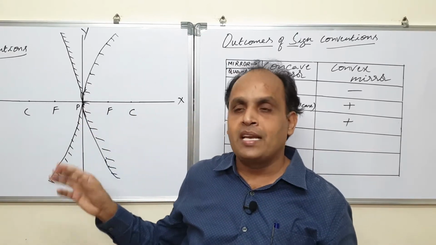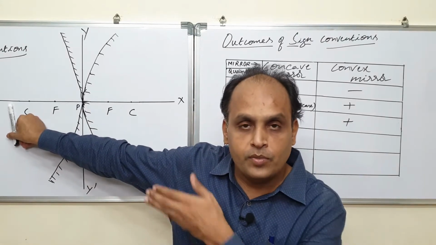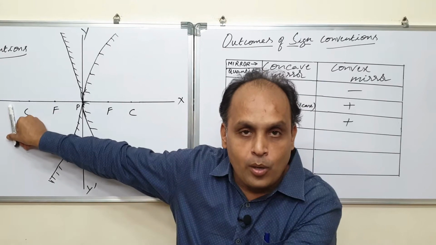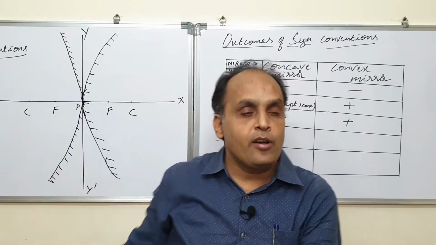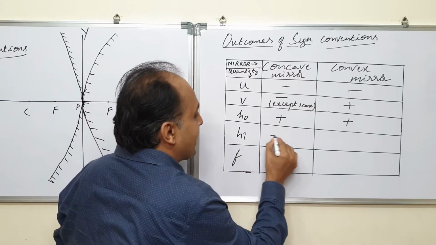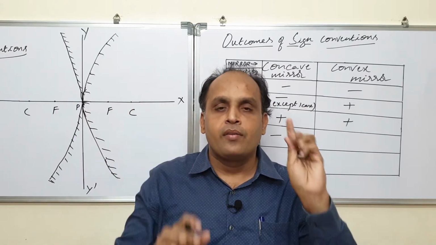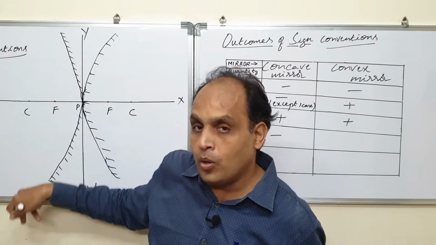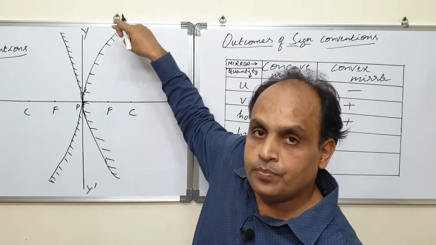Okay. Now coming to height of image. Concave mirror forms an inverted image, that is like this, upside down. So it is perpendicular and below. Perpendicular and below for a concave mirror is negative. So out of 6 images, in 5 images it forms below, and in only one case it forms an image above.